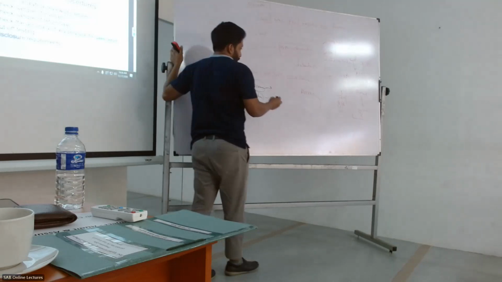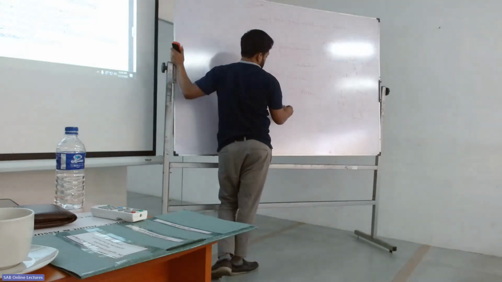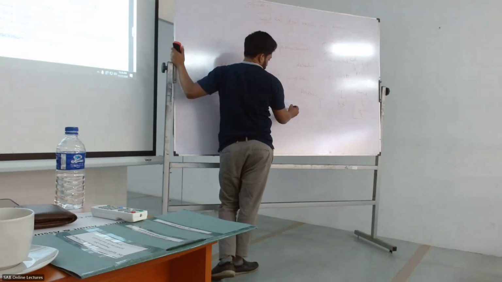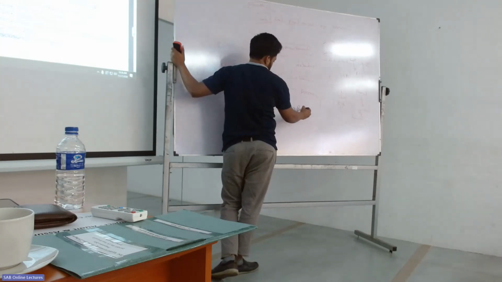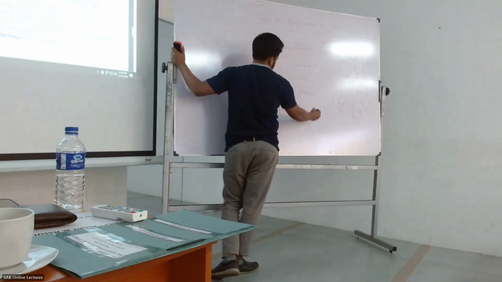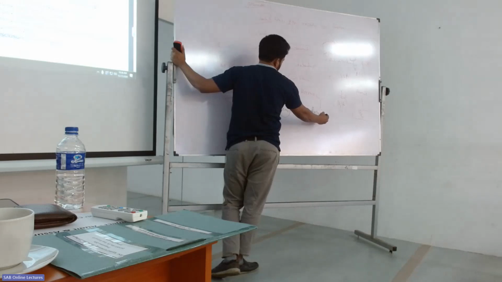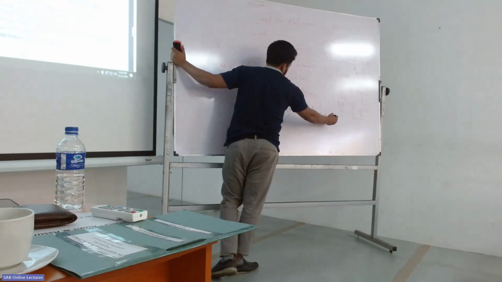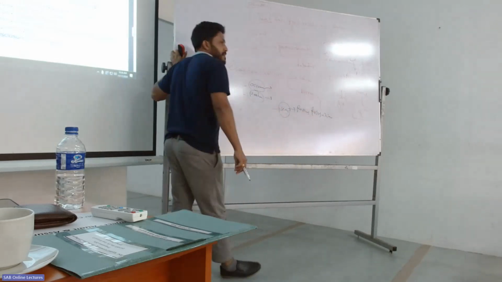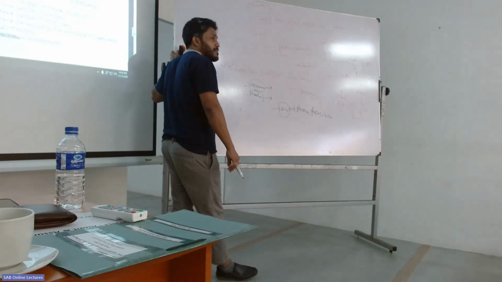So the key risk we need to address is revenue recognition. That's the important part. How are we going to recognize the revenue?